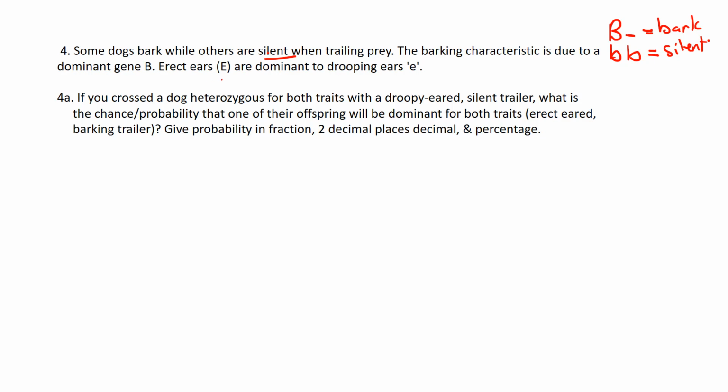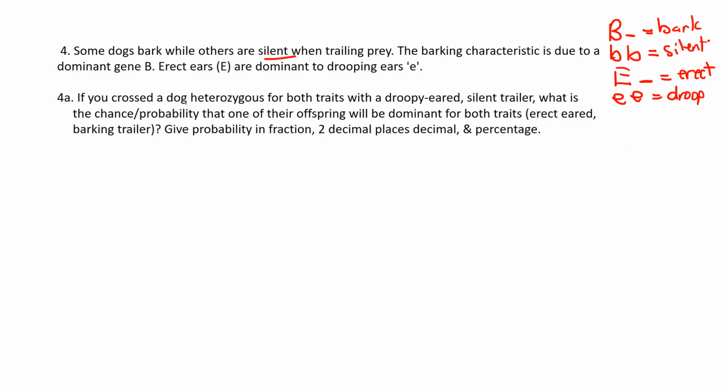It also says erect ears are dominant to droopy ears. So if I have a capital E with a line indicating it doesn't matter what that other allele is, it's going to be erect. And if I'm going to have droopy ears, I have to have two little e's. Okay, so there's our legend.